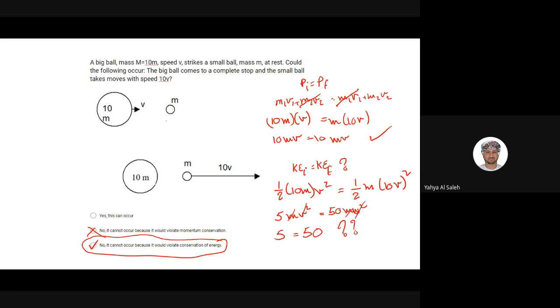Now, what if it was the other way around? What if it was 50 goes to 5, not 5 goes to 50? Would it then be possible using conservation of energy?